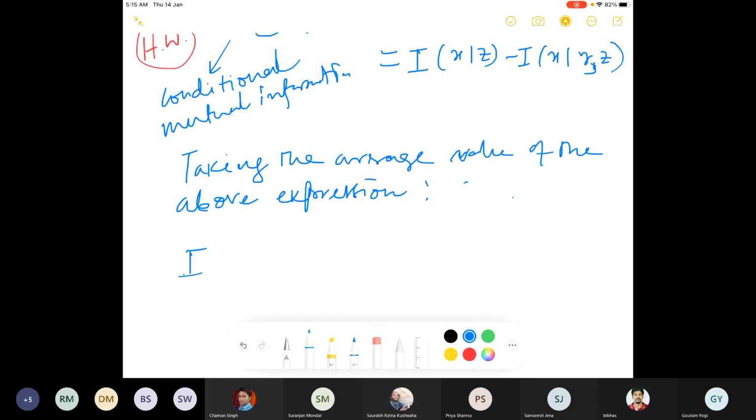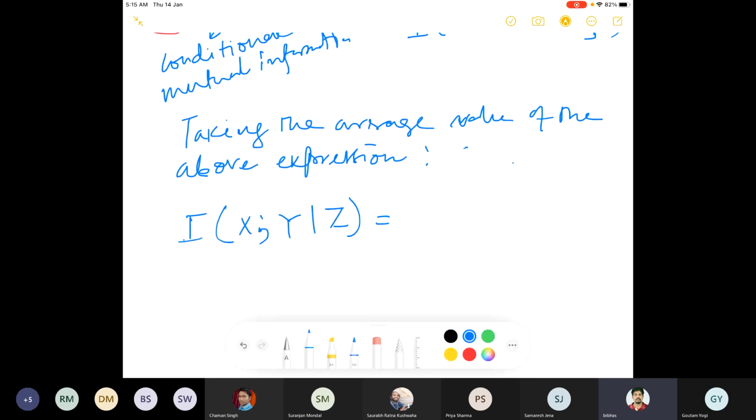I(X; Y given Z), the average mutual information, will be equal to what? This is the average.